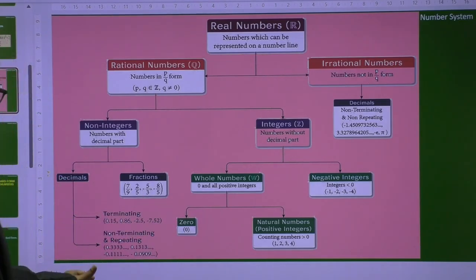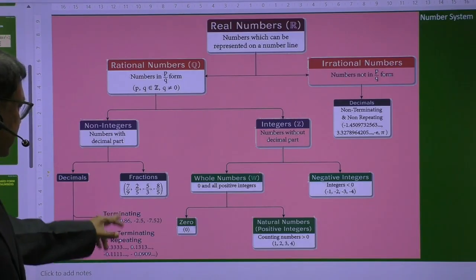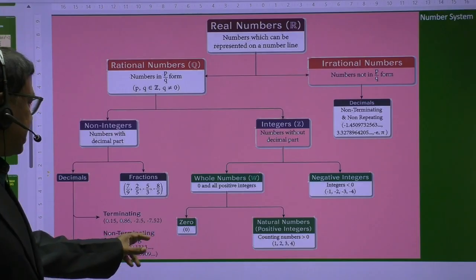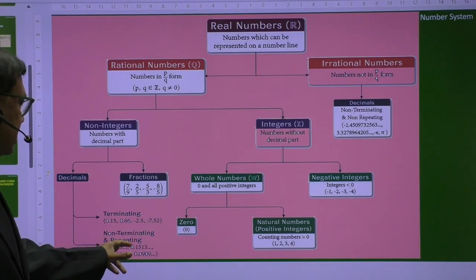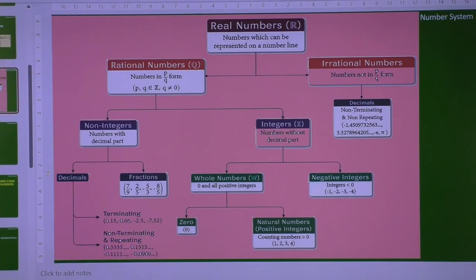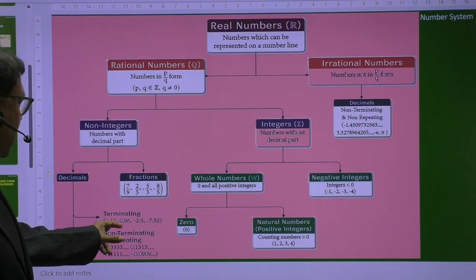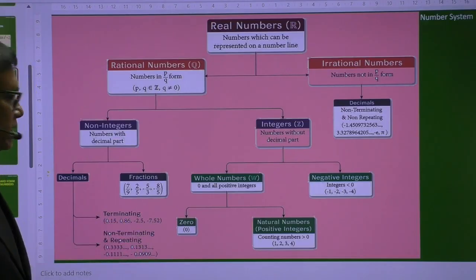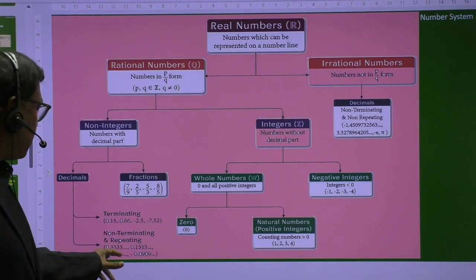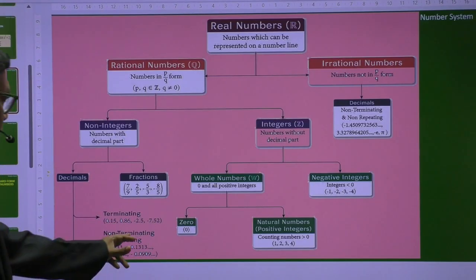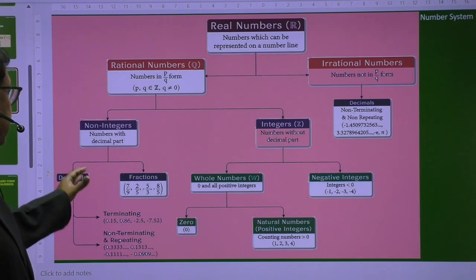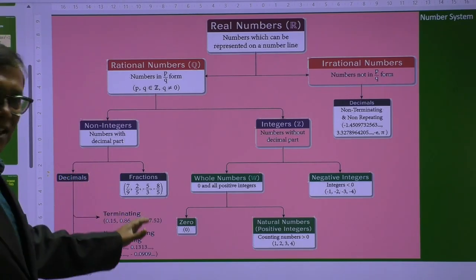Again decimals, here we are getting two types of decimals, terminating and non-terminating but repeating, that is called recurring decimals. Say 0.15, 0.1, 0.86, -2.5, all these are terminating, and 0.333, 0.131313, that is recurring decimals. Yes? So under non-integers we are getting two parts, decimals and fractions.